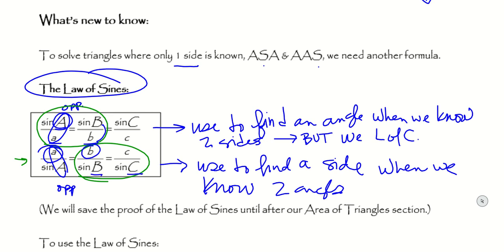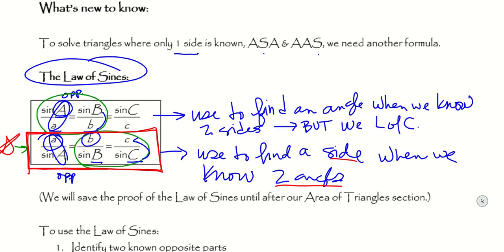I would have to know another angle, and then the side opposite that angle. So in general, we are going to use this form only, or almost only, and we will use that form when we know two angles and we want to find a side.